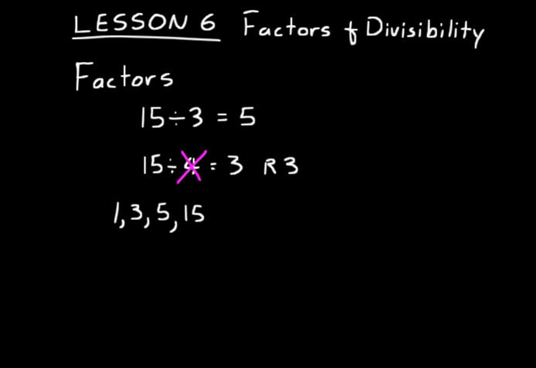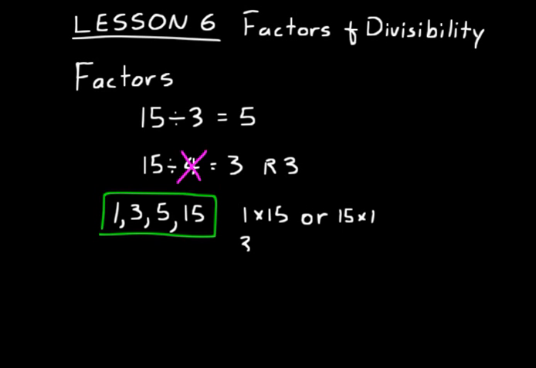Any of those numbers, 1, 3, 5, and 15, can be used as a factor to form the product 15. So you could have 1 times 15, or just think about our commutative property, 15 times 1, you can write that either way. 3 times 5, or you can also write it 5 times 3. Those are the different ways that we can arrange these factors in order to form a product of 15.